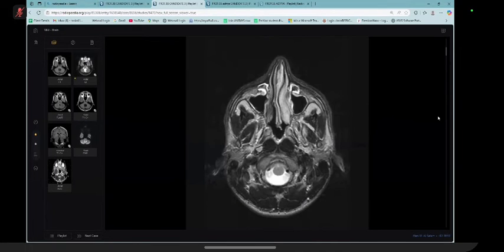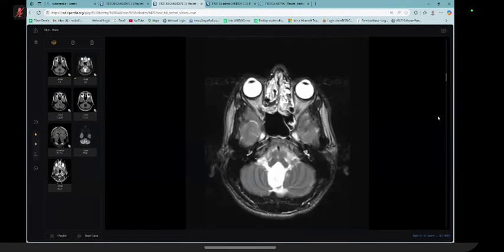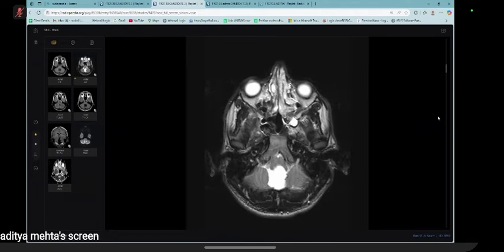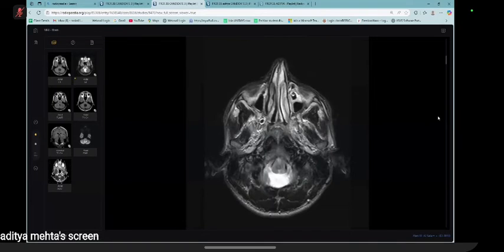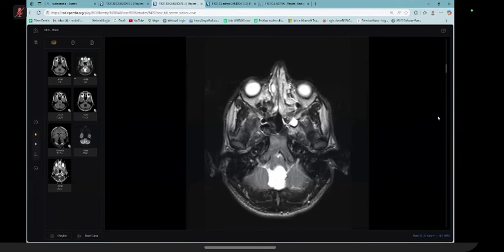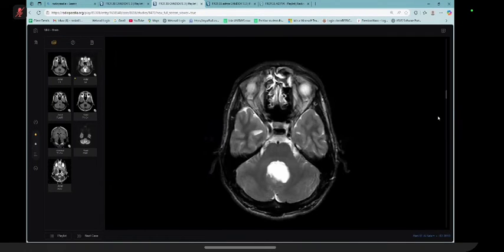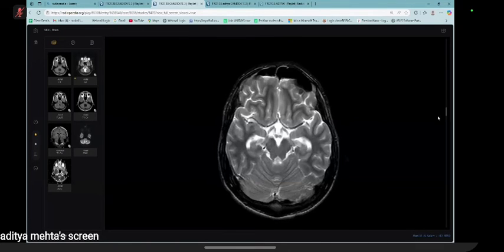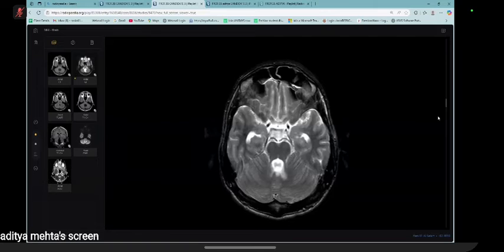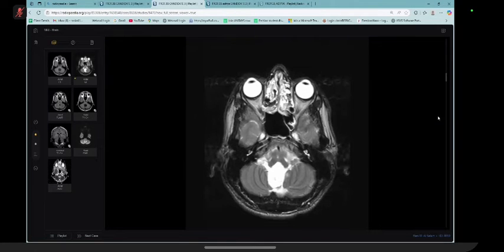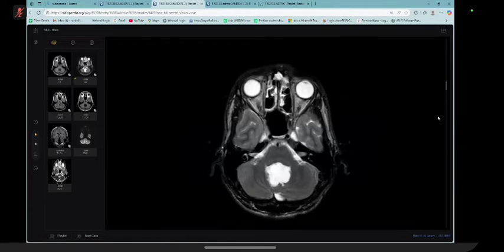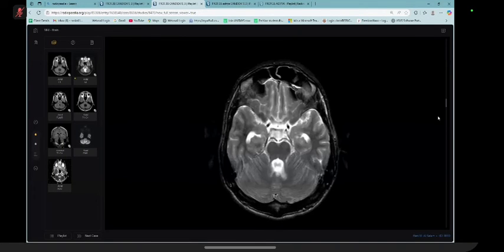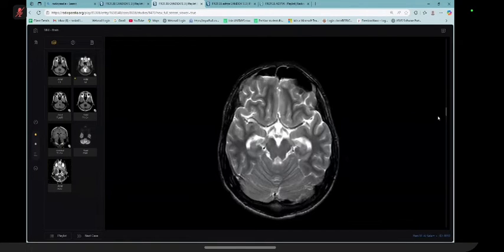I believe that it's continuous with the foramen magnum and cervical. This lesion, I think it's in the fourth ventricle, as I can see that there is evidence of bilateral temporal horn enlargement.